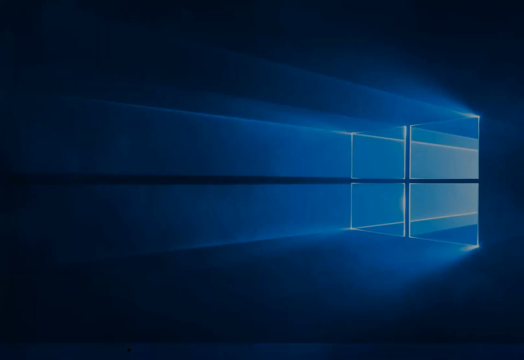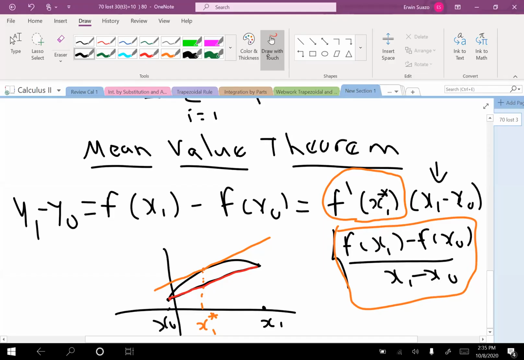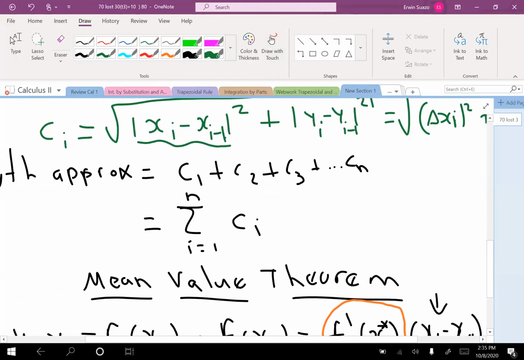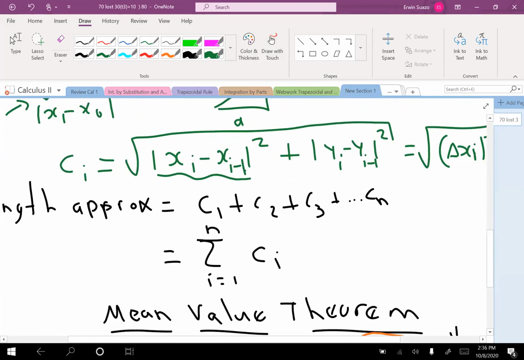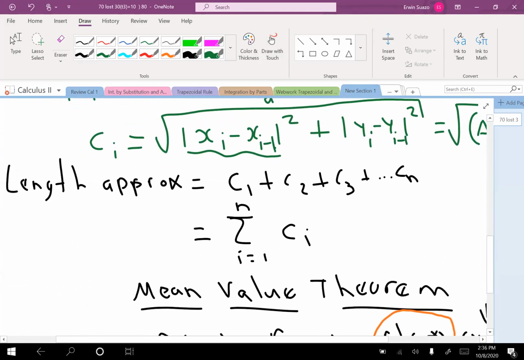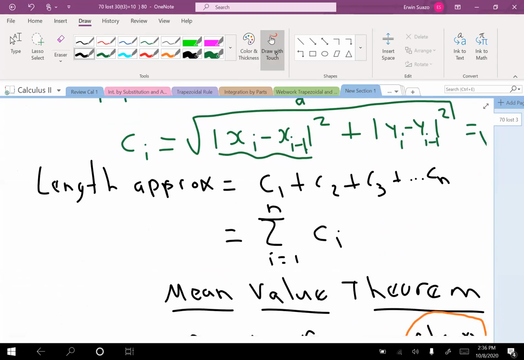So we were saying that my approximation is this. That's the sum of the ci's. But every ci is what?